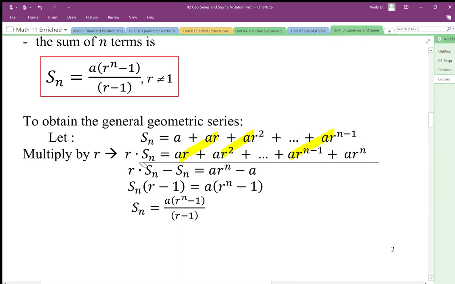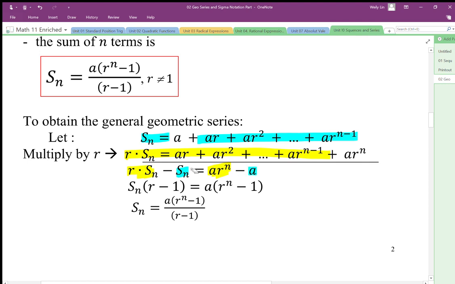We take r times Sn, that's the second line here, and what's going to be left over, what doesn't cancel out, will be just that one term, and we're going to subtract this line here. And everything that doesn't cancel is going to be that a, which ends up as minus a.